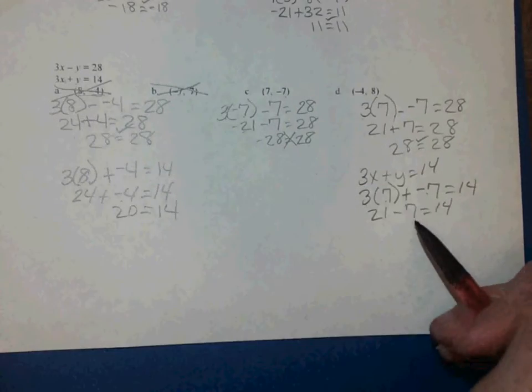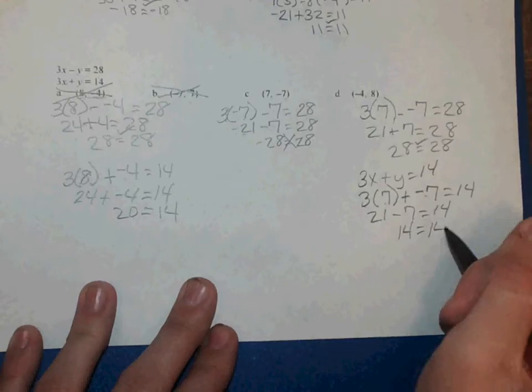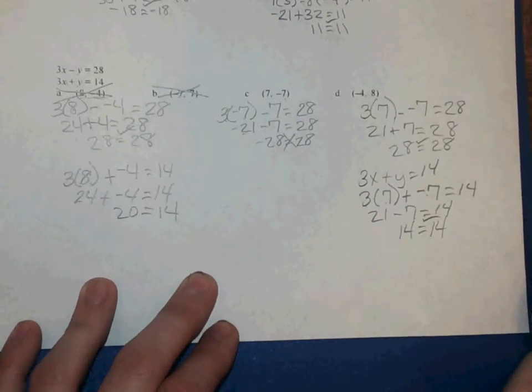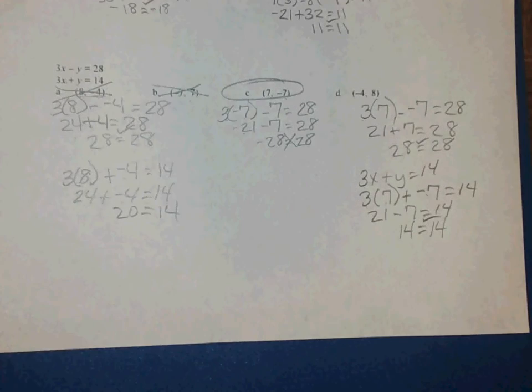Okay, sorry, 21 minus 7 equals 14. 14 does equal 14, and therefore does satisfy both equations. So this would be your answer.